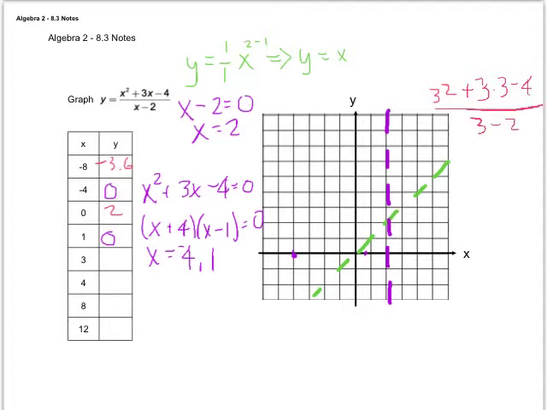And if you punch that into your calculator, you're going to get 14. Gosh, my 3 squared won't erase. Do it with 4 squared now. So 4 squared plus 3 times 4 minus 4 over 4 minus 2. When you plug that in, you should get 12.